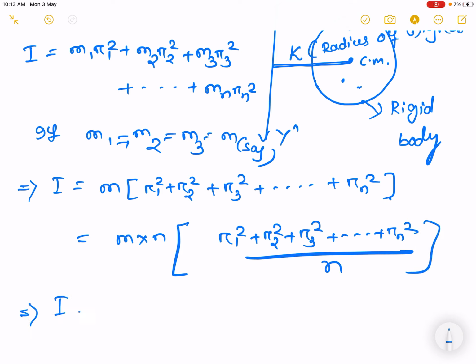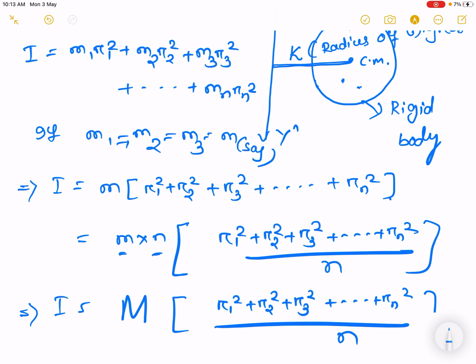Here n is the number of particles, m is the mass of each particle, and total mass is taken as M. So r1 square plus r2 square plus r3 square up to rn square is divided by how much? n.